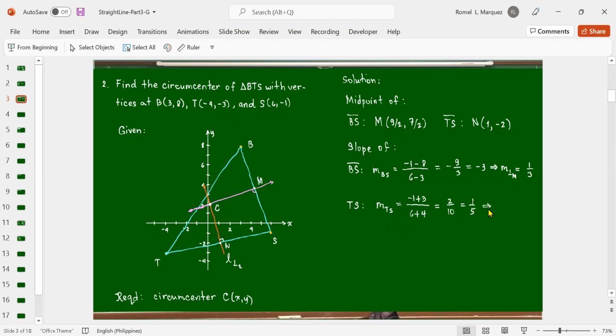So therefore, the slope of the perpendicular bisector that passes through that midpoint N is negative 5. Am I right? So I can now get the equation of the perpendicular bisector. Let's call it L, the perpendicular bisector passing through M.